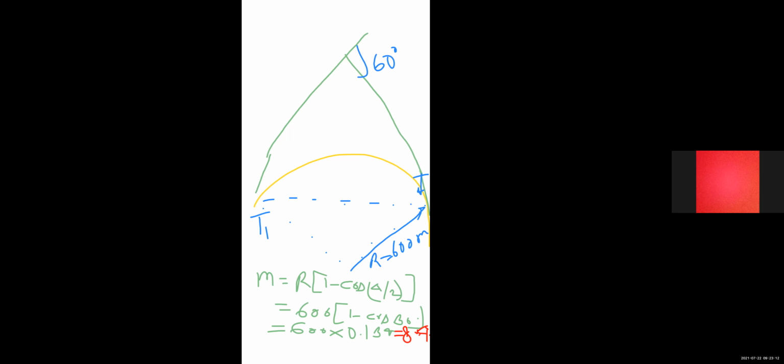Clear? If any doubts, please ask me. The formula used for length of mid ordinate is M equal to R into 1 minus cos delta by 2. Delta is the intersection angle that is given, 60 degree. R is the radius that is given, 600 meter.